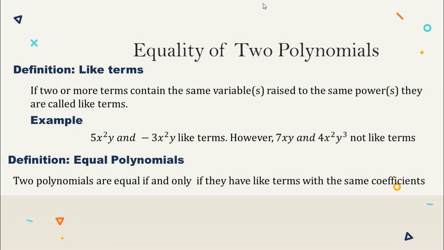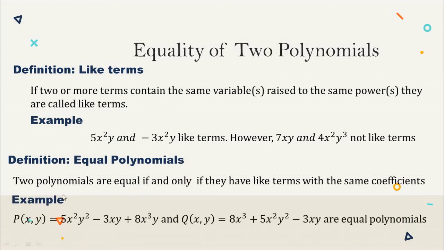But equal polynomials have two conditions. The first, they should have like terms, and then they should have the same coefficient. If different, maybe they will be like terms or not like terms, but not equal, everyone.